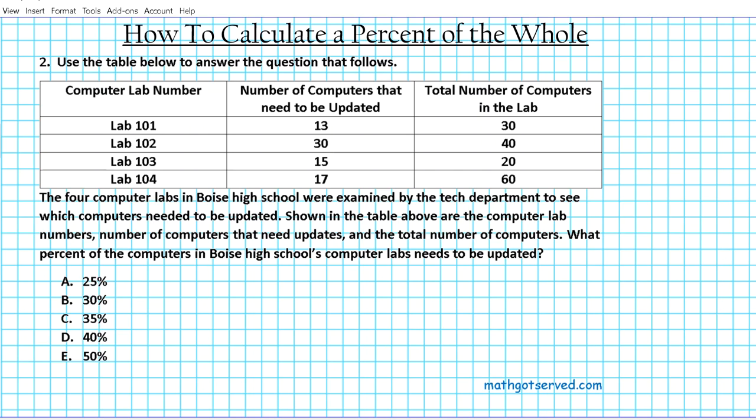Okay, so let's go ahead and write down the formula that will guide our problem solving process. So the formula for calculating part of a whole, the formula for percent of whole, is given by the percent of the part that you want to find with respect to the whole is the part that you desire divided by the whole.